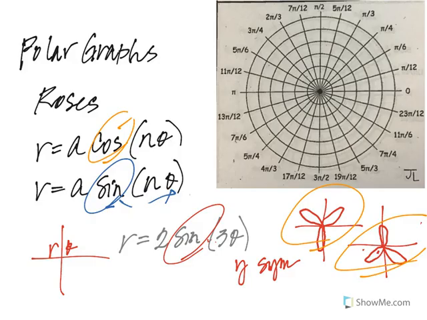So I know that one of my petals has to occur along pi over 2 or 3 pi over 2. You can choose either one, so I'm going to choose pi over 2, because it's symmetric to the y-axis. I plug pi over 2 into this equation. That is the sine of 3 pi over 2 times 2. The sine of 3 pi over 2 is -1, times 2 is -2.